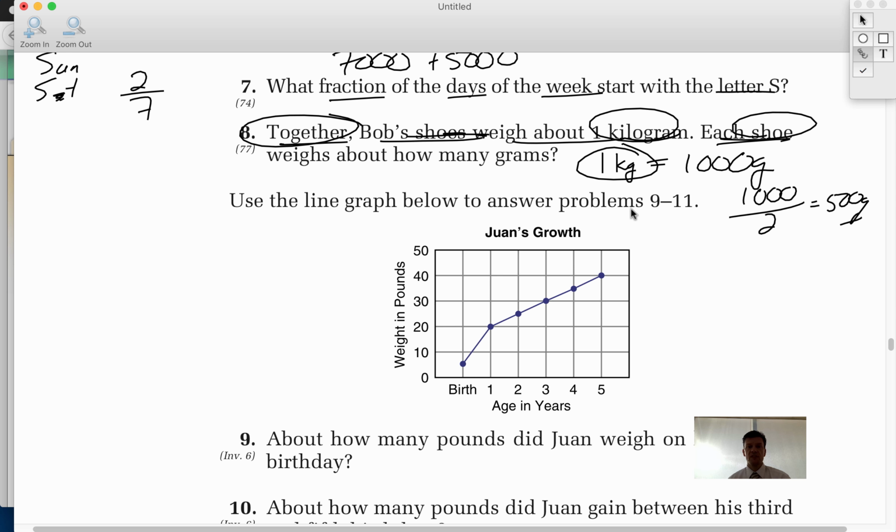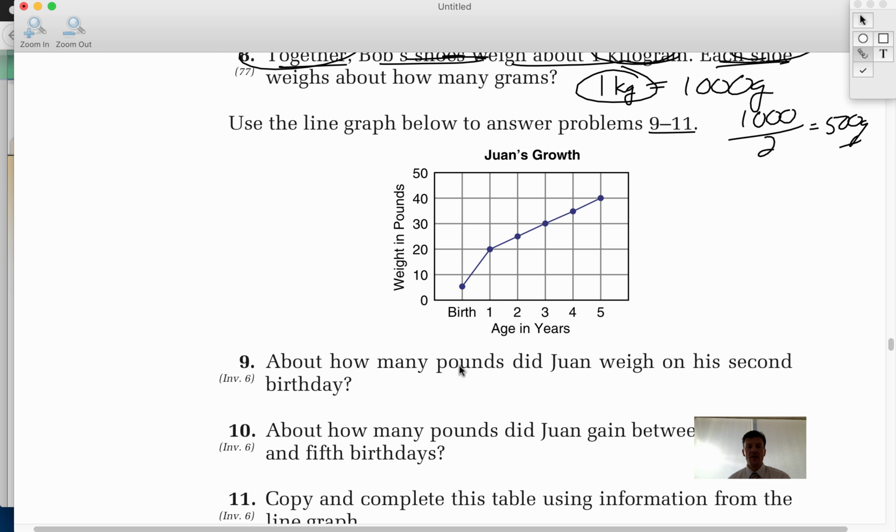Use the line graph below to answer questions 9 through 11. How many pounds did Juan weigh on his 2nd birthday? Here are the ages down here: when he was born, year 1, 2, 3, 4, 5, and the weight in pounds is over here. On his 2nd birthday, we go from this value up to the graph, find the point, and then go straight over horizontally to the y-axis, which gives us the weight.